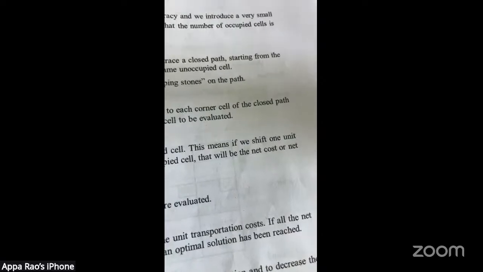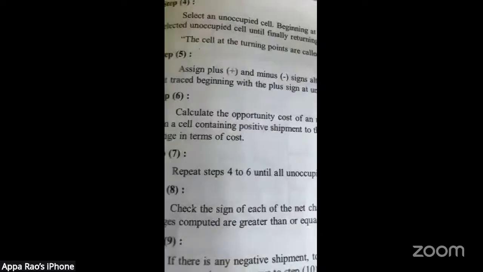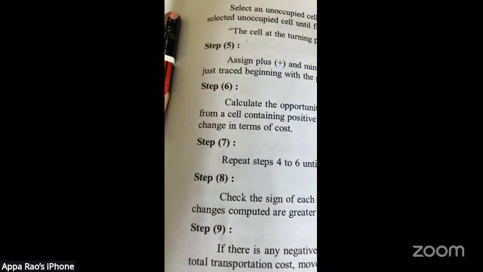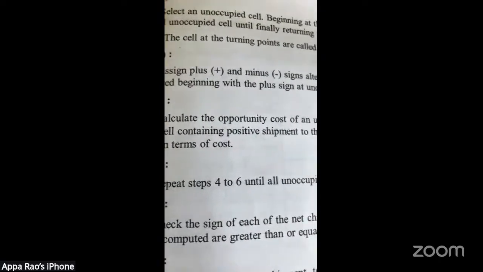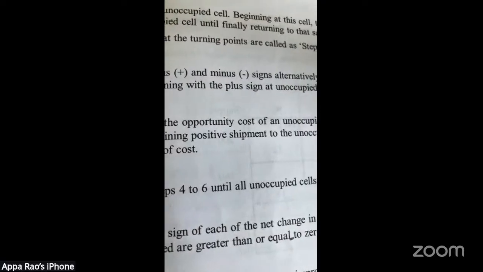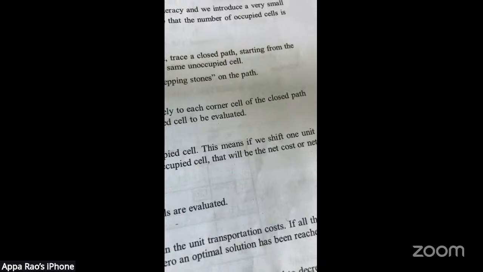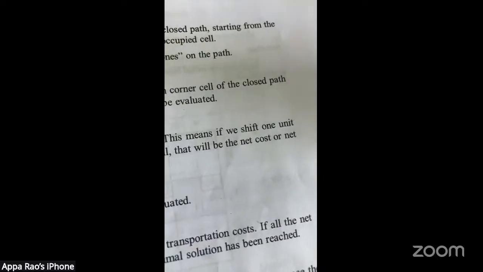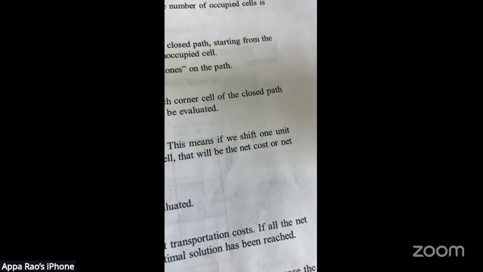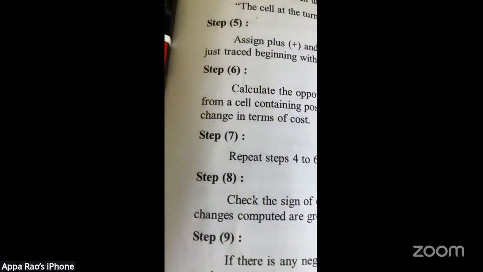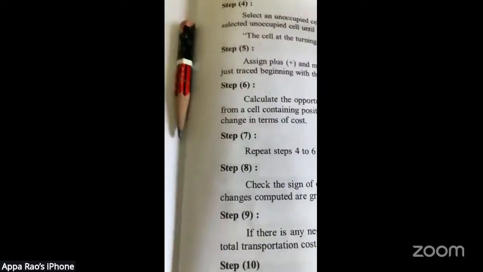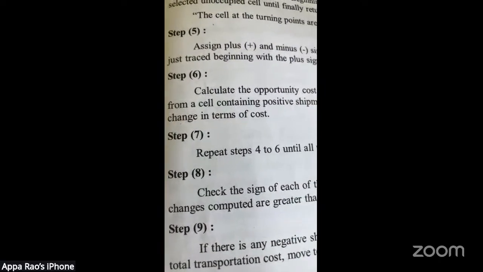This means if we shift one unit from a cell containing a positive shipment to the unoccupied cell, that will be the net change in terms of cost.